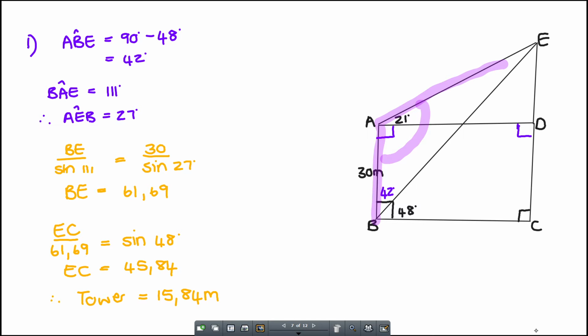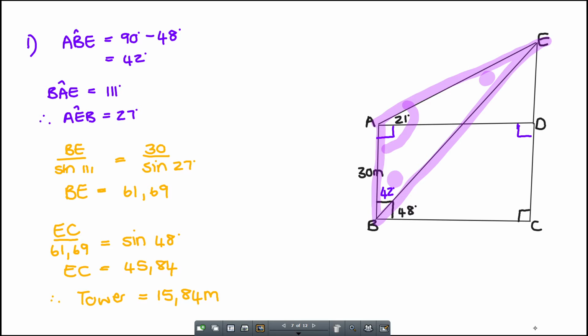Okay, now because that is 111, if you look at the big triangle, that one. I've got 42, I've got 111, so I could get that angle here. Does it make sense? Okay, en hy gaan mos nou weer 27. That was basically angles of a triangle.